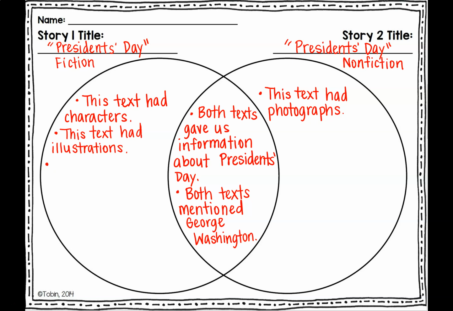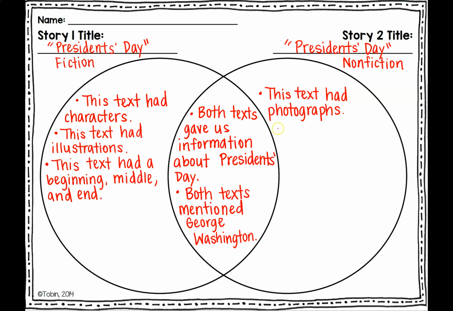There are different parts of a fiction story. So we know that every fiction story, so this text, had what comes first? Beginning, middle, and end. That's what makes it a fiction story.